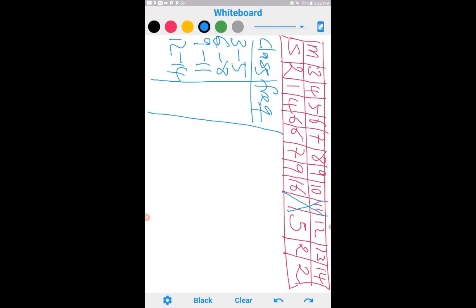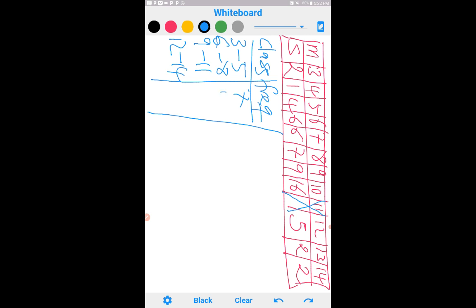Now frequency 3 to 5, we have to add 2 plus 1 plus 4, it gives us 7. 6 to 8, we have to add 6 plus 6 plus 7; this is 12, 12 plus 7 should give us 19.